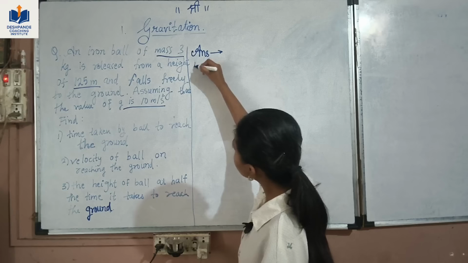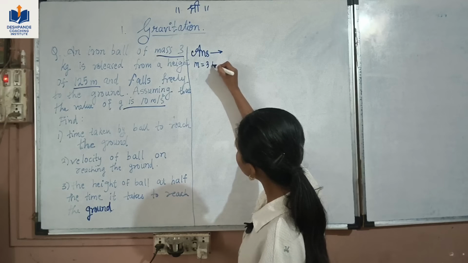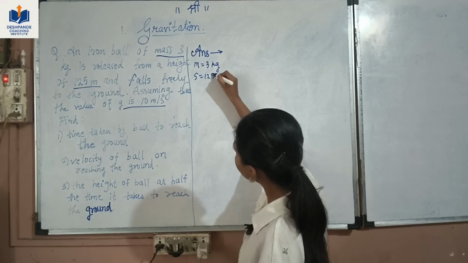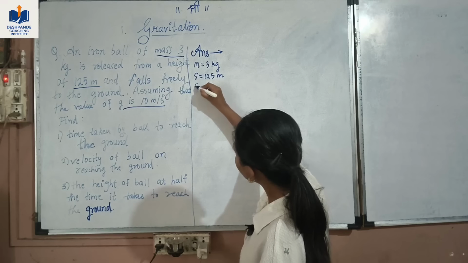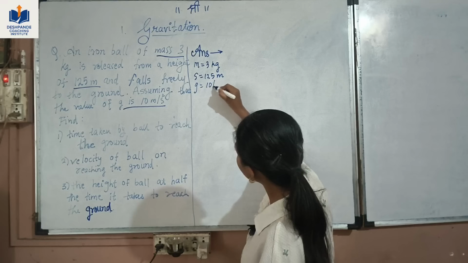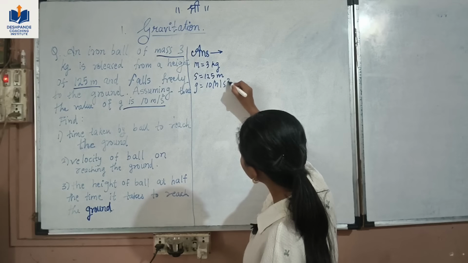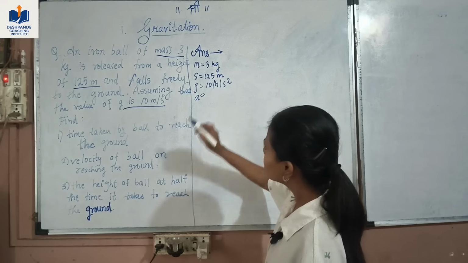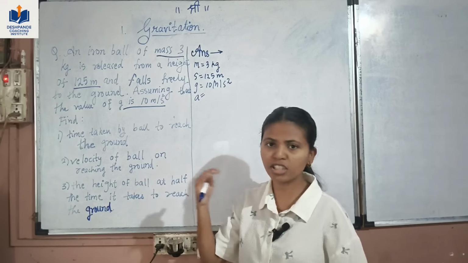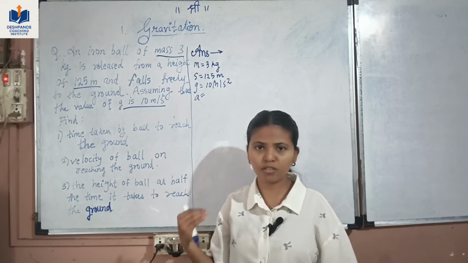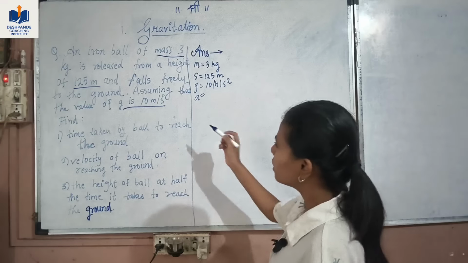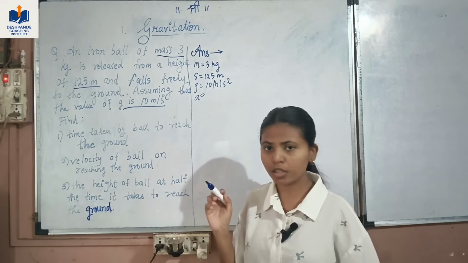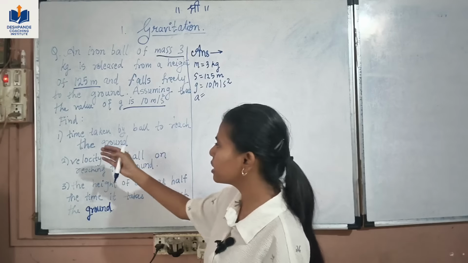So first we'll write, given: mass is equal to 3 kg, s is equal to 125 meters and g is equal to 10 meters per second square. g is nothing but a, acceleration. So acceleration and g are equal, as g is the gravitational acceleration. Whenever they give us the value of g, we have to assume that this is a. Then now we'll start solving the example.